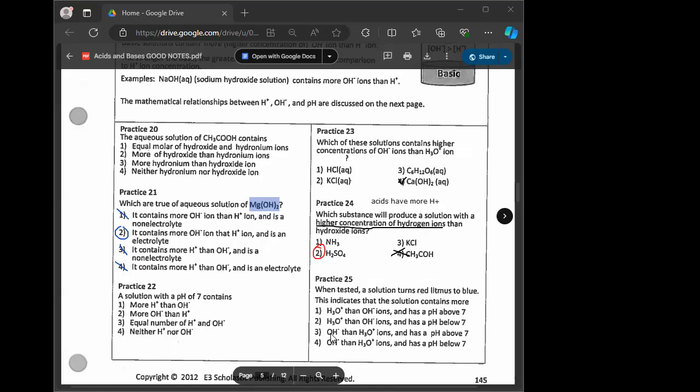They have more OH. Okay, so good. We know it's option 3 or 4. And now about the pH. Do bases have a pH above 7 or below 7? Above 7. So acids have a pH less than 7, and bases have a pH above 7.